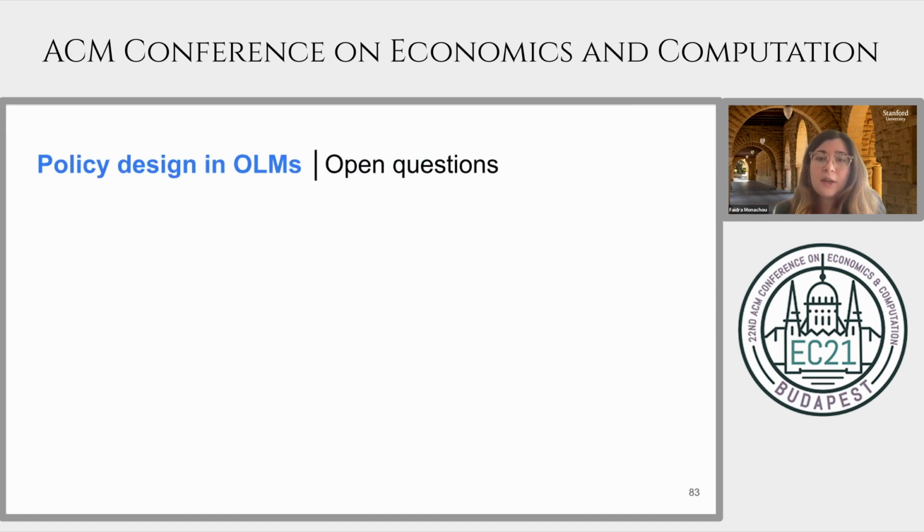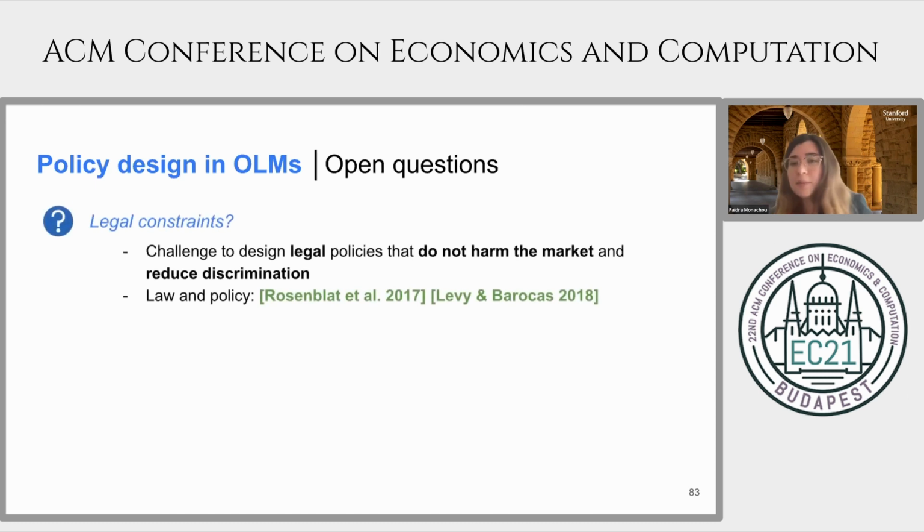So finally, closing this section, I would like to conclude with several open questions for online labor markets. Although platforms already collect data and seem to be interested in implementing policies that reduce discrimination, there are definitely very important legal concerns and constraints.